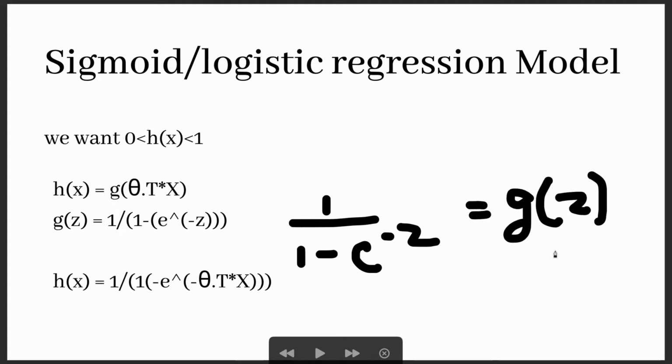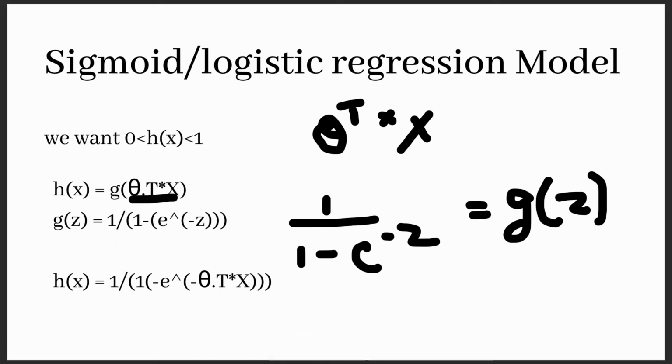Now you must be asking, what is z? It is theta transpose times x. X is our input and theta is our parameter. We take the transpose of theta since we need matrices that we can multiply. Let's say theta will be a single row and x will be a single column, so then we can proceed with the multiplication of matrices.